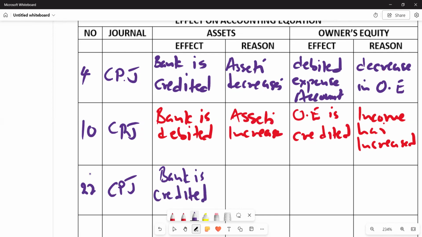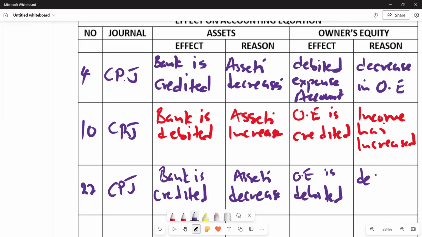The reason there is that assets are decreased. Then we go to owner's equity and expense; we need to reduce the owner's equity. And we know that owner's equity is debited. The reason is the decrease of owner's equity.